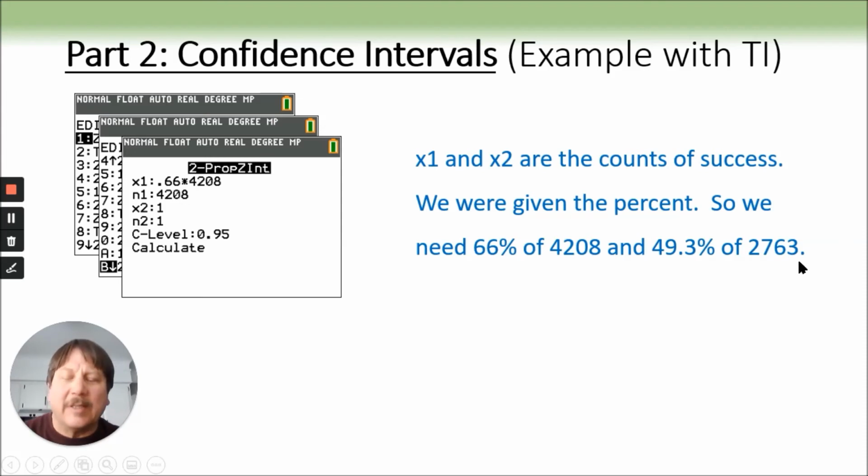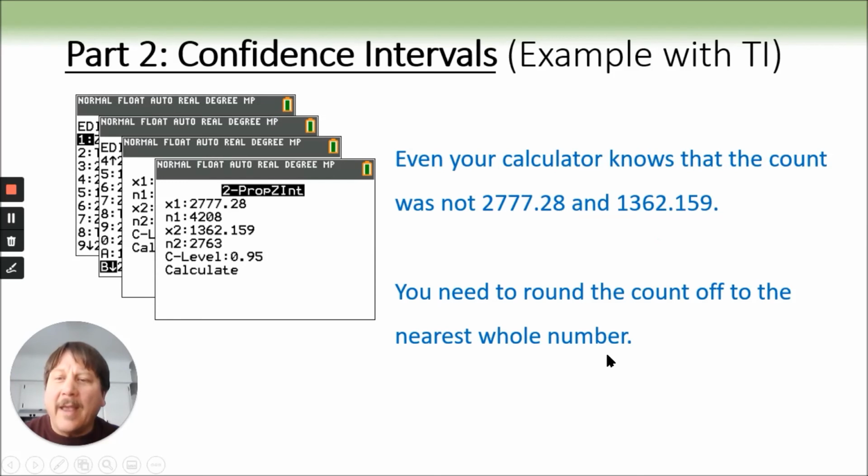Typically, because if you subtract those, you get a positive value. They didn't give us the counts, though, so we have to figure that out. So 66% of 4,208. And that's what you get. And then the other one, I went ahead and did the percentage there. Now, if you scroll down and hit calculate, your calculator is going to burp, because your calculator knows that is not the count.